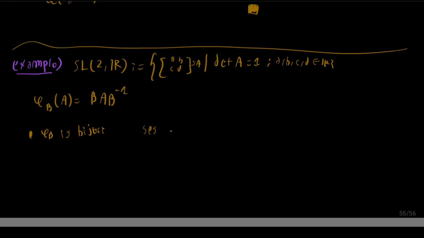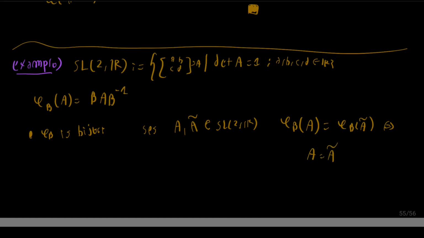So suppose that we have two matrices, A and A tilde in SL2R. Well, then we have that phi of B of A is equal to phi of B of A tilde if and only if A is equal to A tilde, by the algebraic properties of matrices, namely by right and left cancellation. And for surjectivity, suppose we have a matrix, for example, C in SL2R.